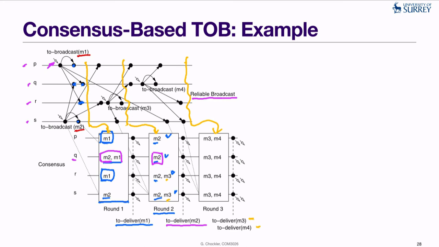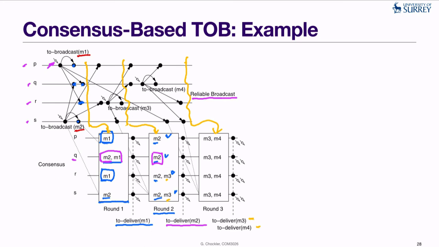Okay, so another important thing is that we said that all messages that are decided in the same round are deterministically ordered. Okay, so this is important, so we don't violate the total order. So what is being decided upon are sets.